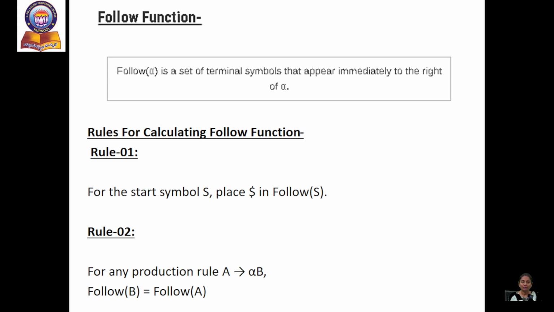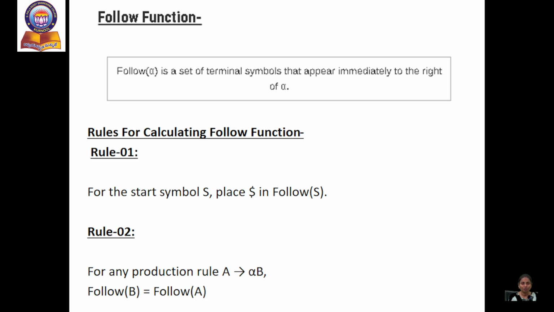So to calculate the follow function of any non-terminal, you consider a set of terminal symbols that appears immediately to the right of that non-terminal, then you have to consider it as a follow function.